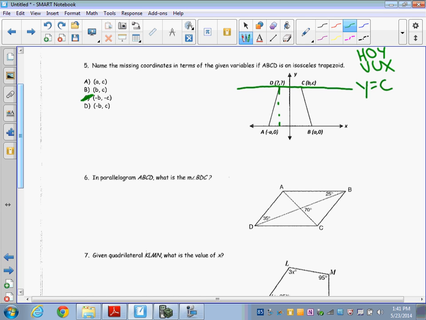When I move over here, I need to figure out how far I'm moving. So think about what subtraction says.